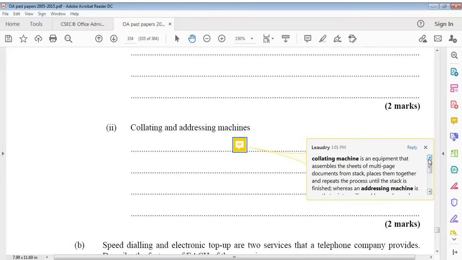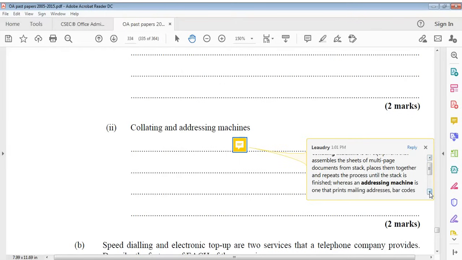Collating machine is an equipment that assembles the sheets of multi-page documents from stock, places them together, and repeats the process until the stock is finished.